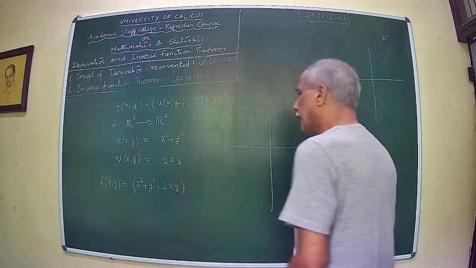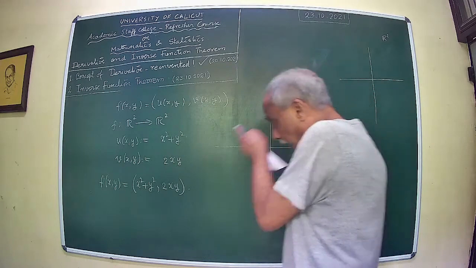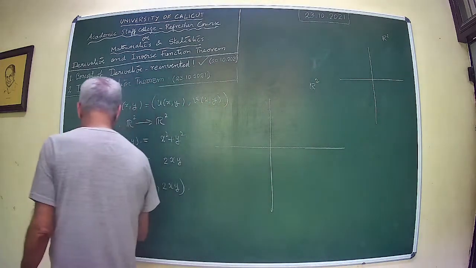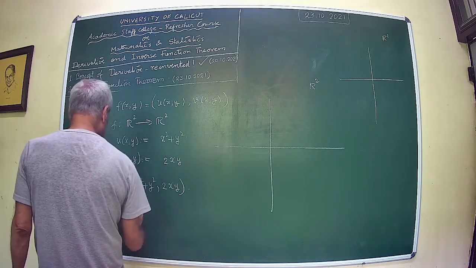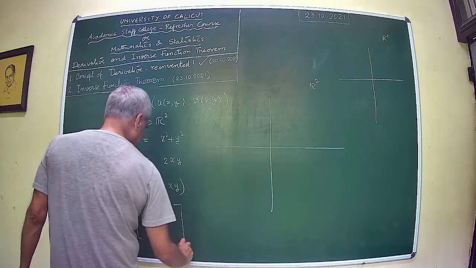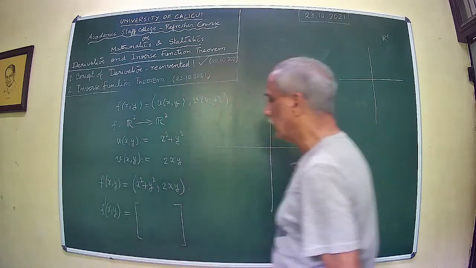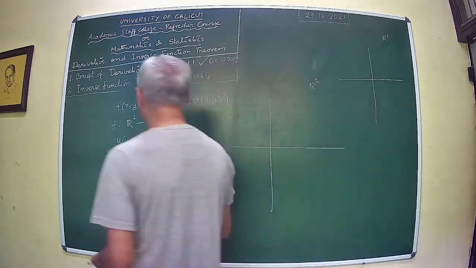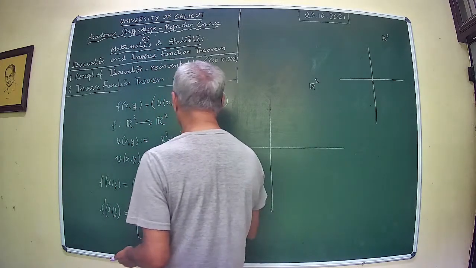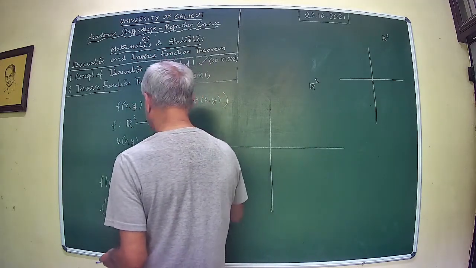Now let us simply apply the theorem and compute f derivative. F derivative of (x,y) you can easily compute. This is represented in the standard basis by taking the partial derivatives. So you see du by dx, du by dy, and dv by dx, dv by dy.